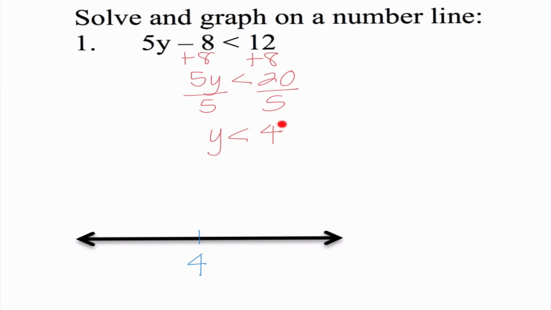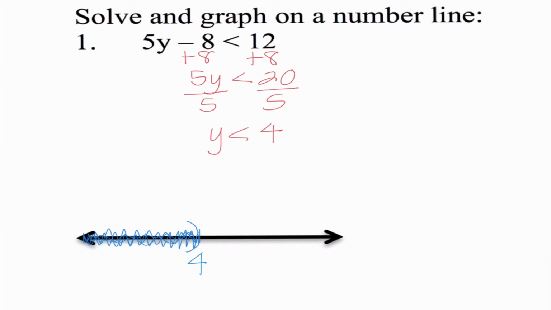I need to think, is 4 included in my answer? And that would be no, because I do not see less than or equal to. So that means I'm going to use a parenthesis and I'm going to shade to the left. Basically all a number line is doing is giving a visual representation of what our solutions are.